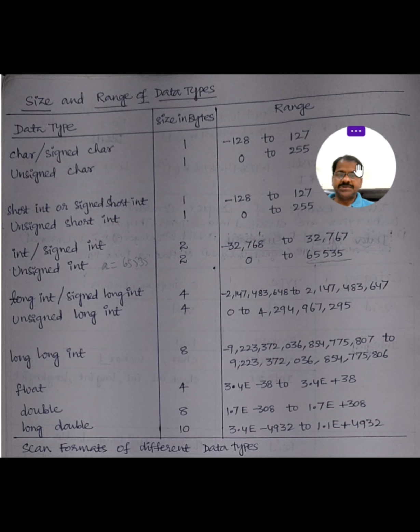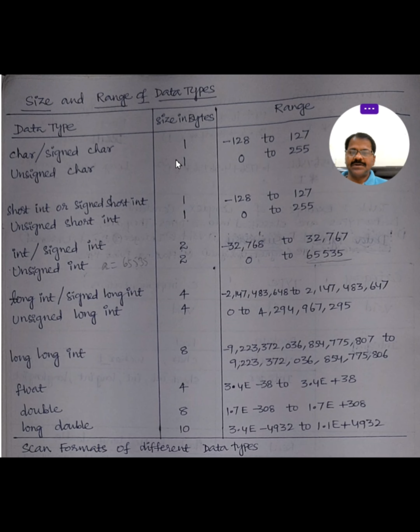You see here size and range of data type values. For signed char, you see here with sign, unsigned char, all positive values. Short int, unsigned short int. Here by default, this is the signed short int. Okay, here int or signed int.